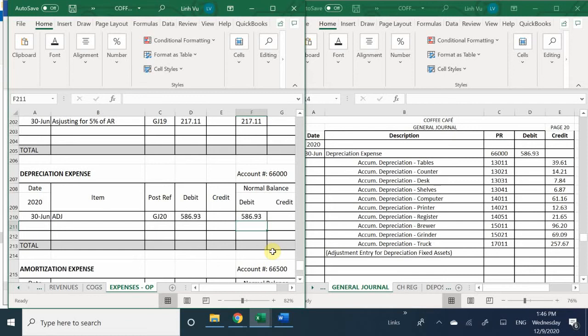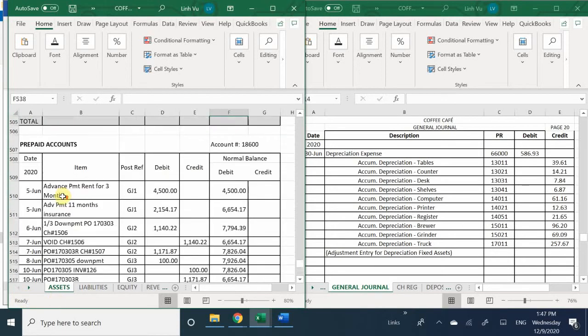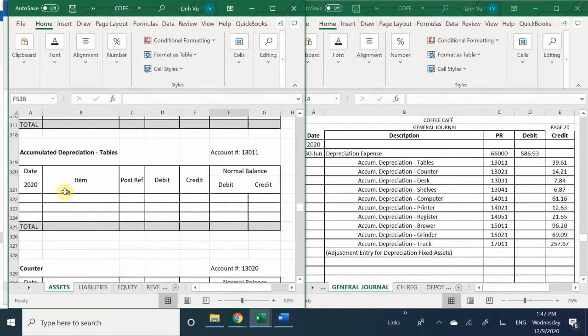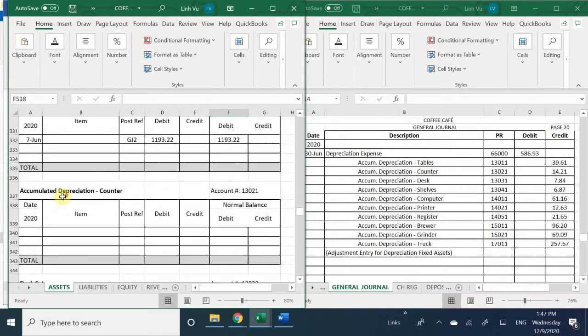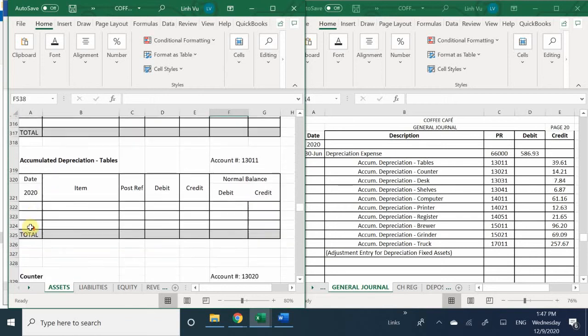I placed that it is a debit for 586.93. Got it. All right. So now we got to go all the way to our assets and enter this stuff individually, one at a time. Luckily we did it in order on the chart of accounts, so all we have to do is scroll all the way down. First one we have is accumulated depreciation tables.